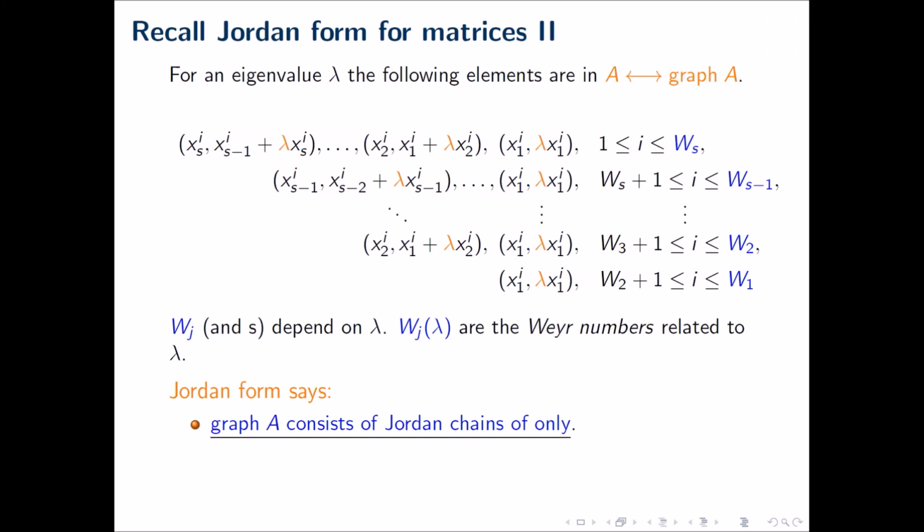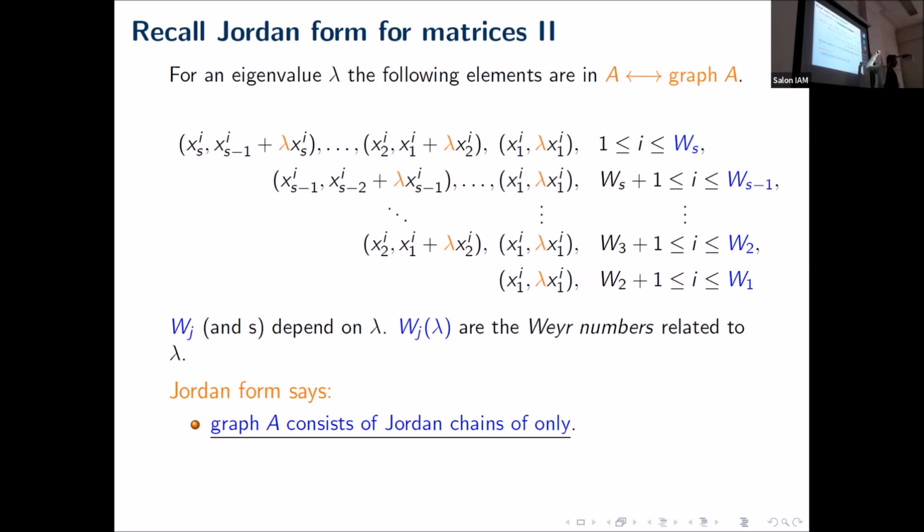And of course, you can have more than one eigenvalue. You have several eigenvalues, and so on. And then the one interesting fact, which nobody in linear algebra would ever make a point out of, is that we have only chains of this type.